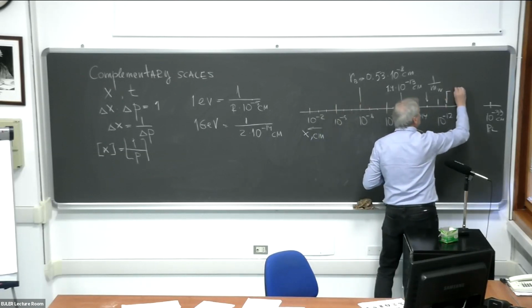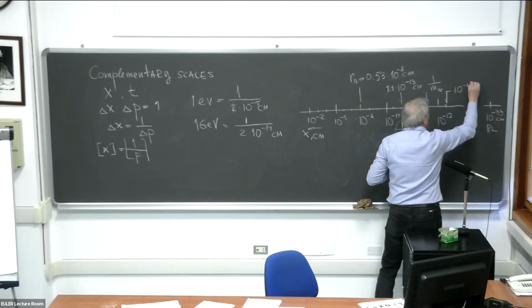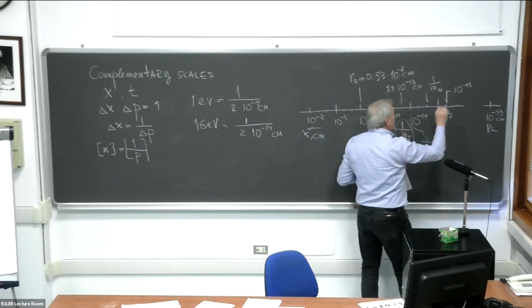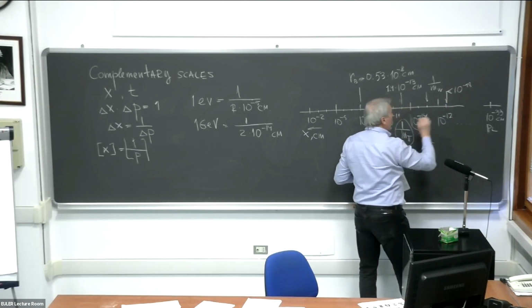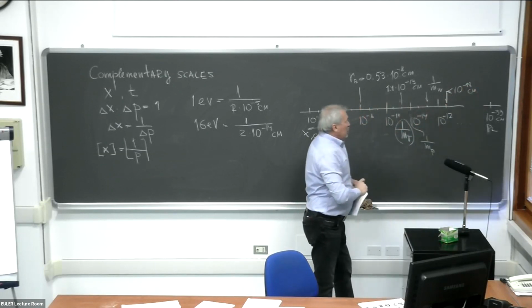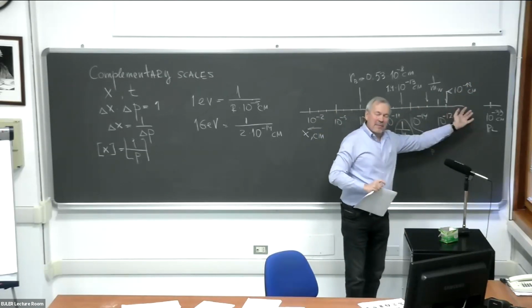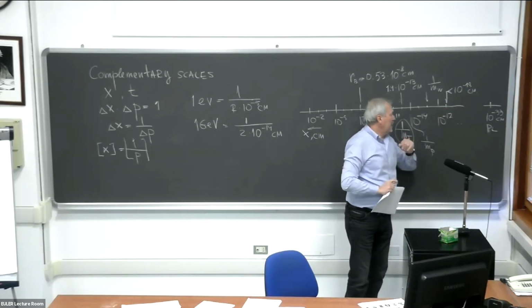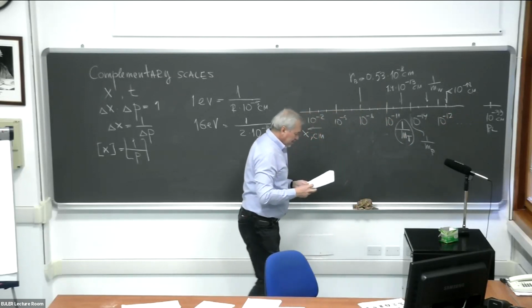So it's 10⁻¹⁸. And the size of quarks should be smaller than 10⁻¹⁸ centimeters. So still we may discover some compositeness of quarks, but at much smaller scales.